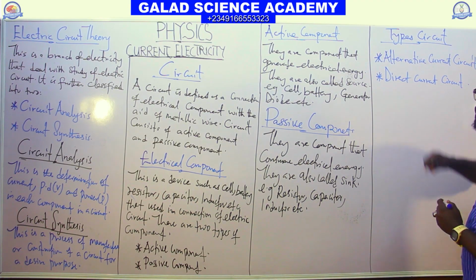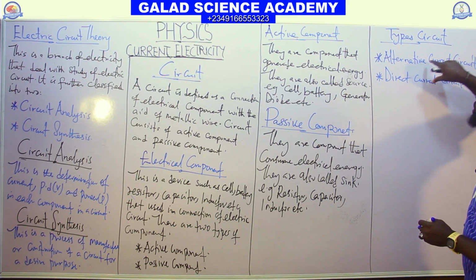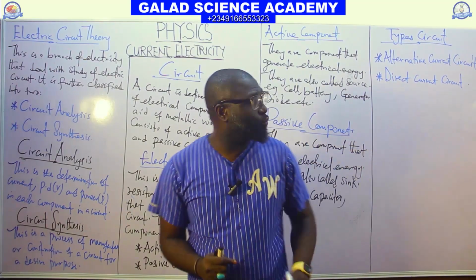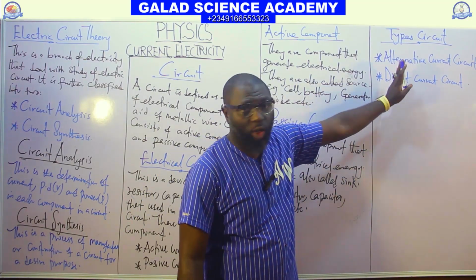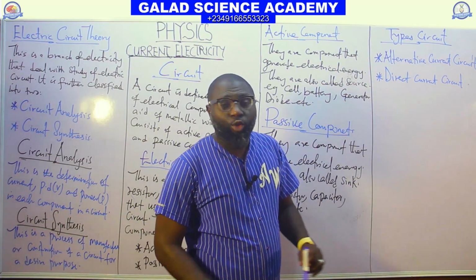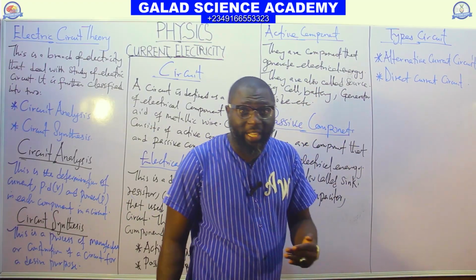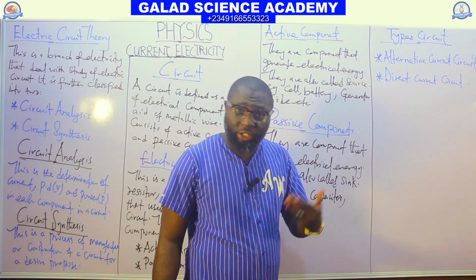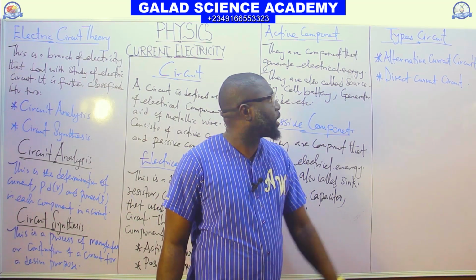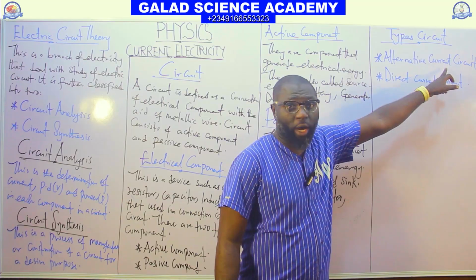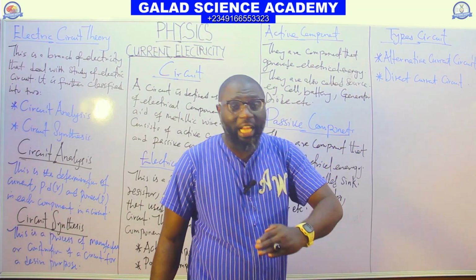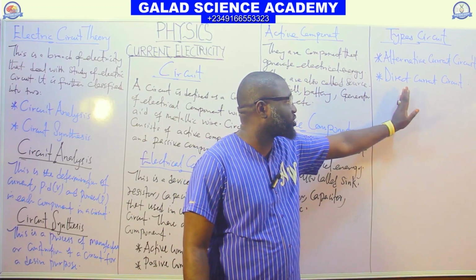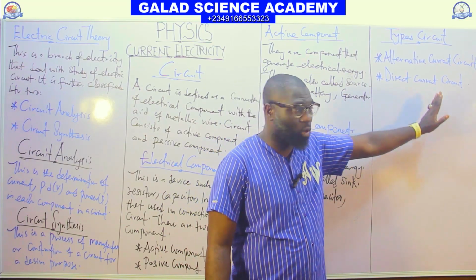We classify circuits into AC and DC. The criterion used for classification is their source. When the source that supplies power into the circuit is a generator, we call it alternating current. But when the source that supplies power to the circuit is a battery or cell, we call it direct current.